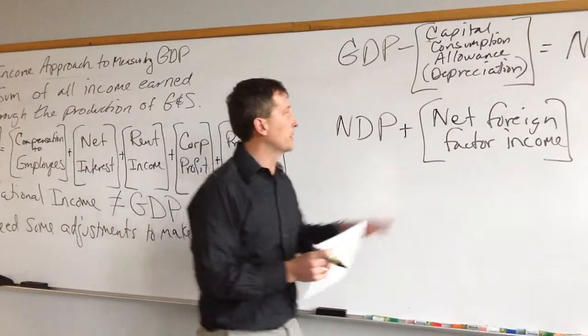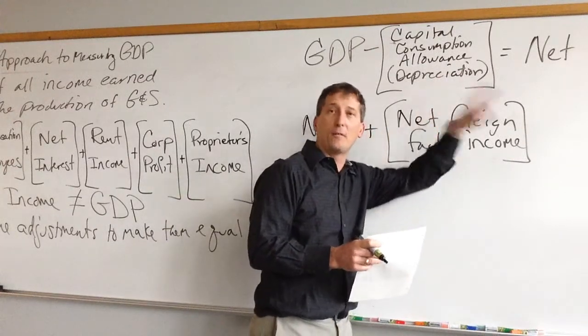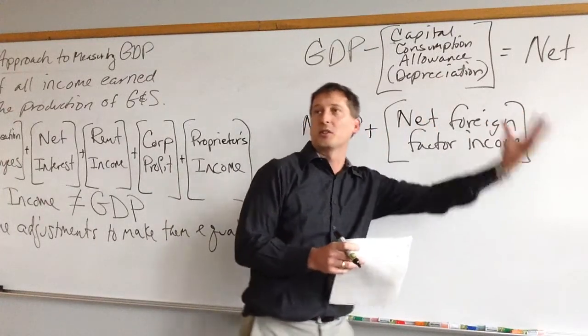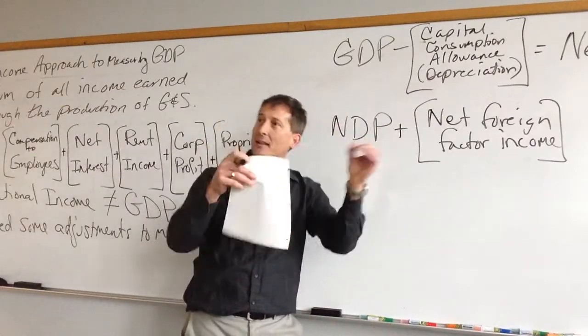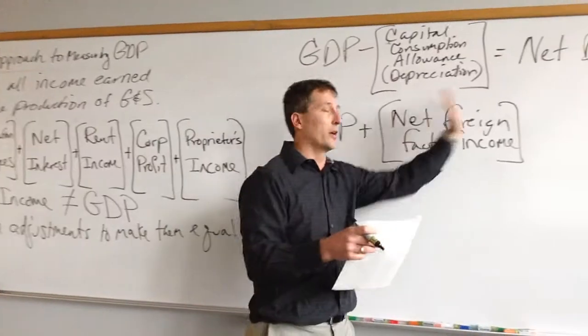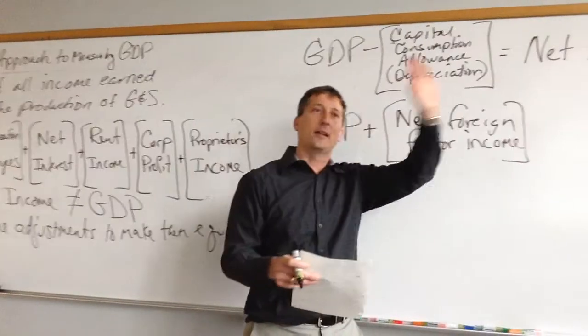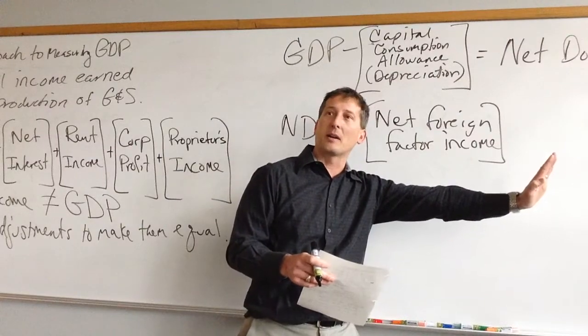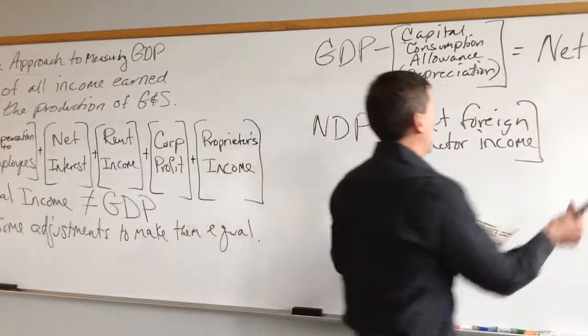And so that's part of what we're doing here, we're netting that out, because there's Americans making Fords in Germany, but there's Japanese making Toyotas in the United States. We're going to net those two out. So we're going to adjust for foreign production in our nation and also production by Americans in the rest of the world with that number there. Almost done.